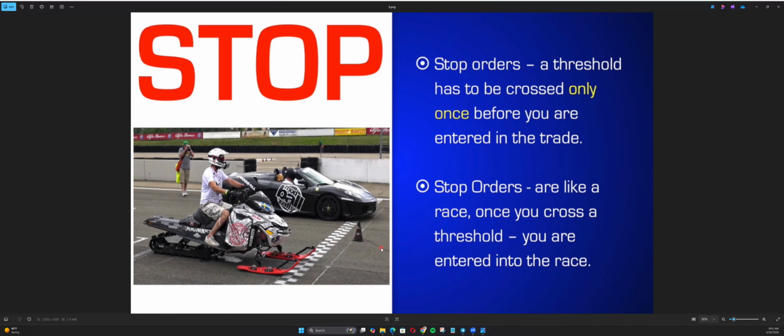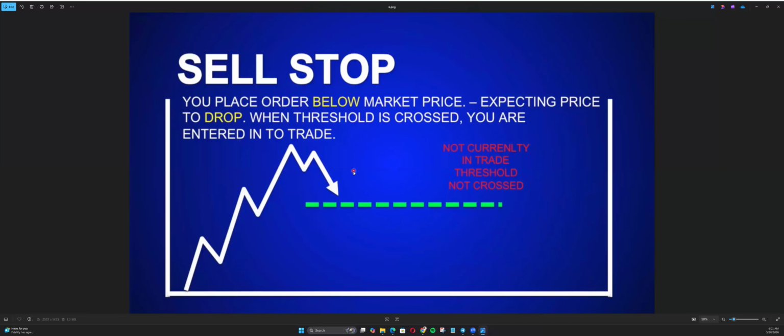It's the same thing with stop orders. They are like a threshold you set in anticipation that price will keep going in that same direction, either upwards or downwards. I'll give you an example. Say price is somewhere here or above.